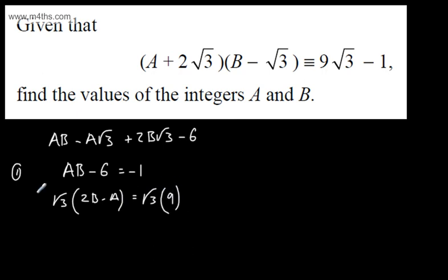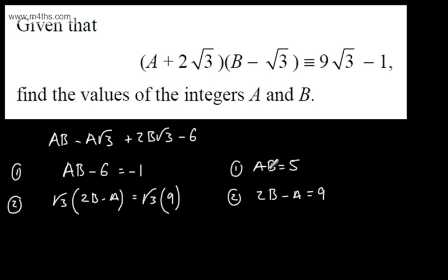So what we can see from this, and this would be equation 2, from here we could see that equation 1, adding 6 to both sides, ab is equal to 5. If we now look at equation 2, we can say that 2b minus a will be equal to 9.